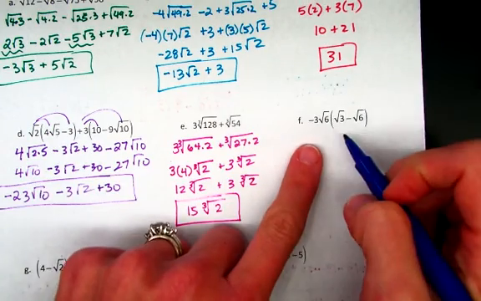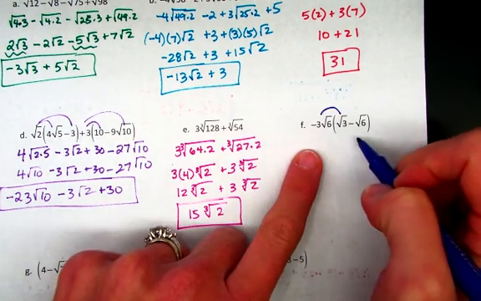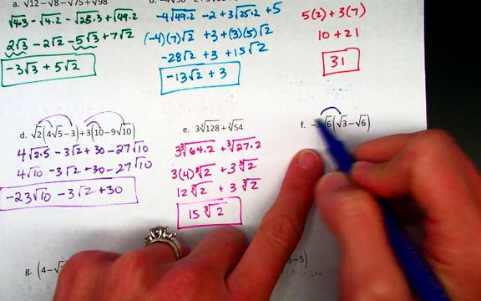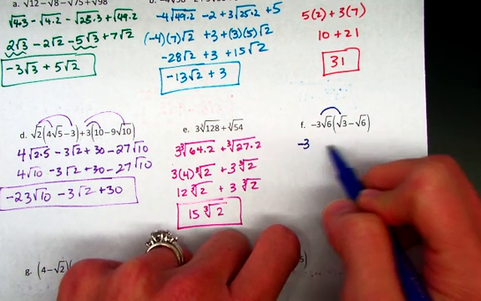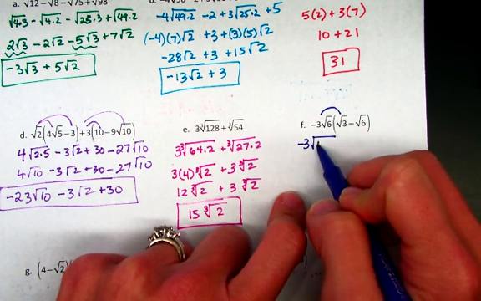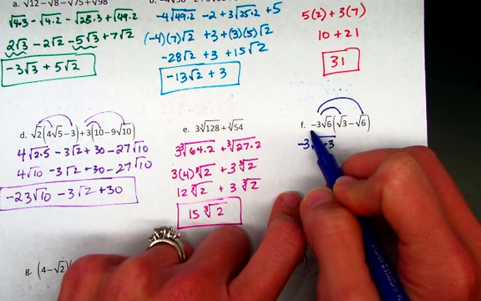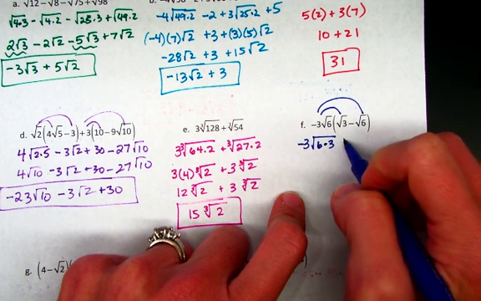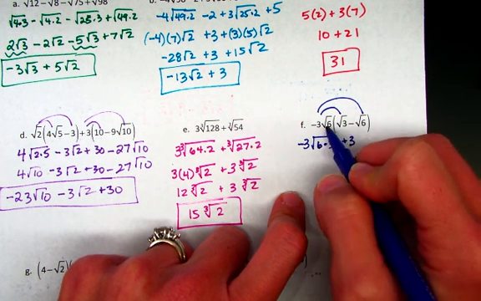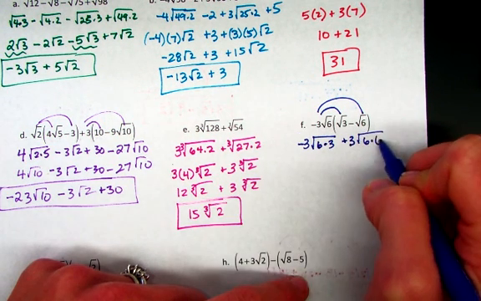For the next one, we are going to distribute. When we multiply these, the negative 3 doesn't have a root symbol, so there's nothing we can do with that. But since both of these are square roots, we can put the 6 and the 3 under one root. And here I have a negative times a negative, so it's going to be a positive 3, and then root, and then I can combine these to 6 times 6.